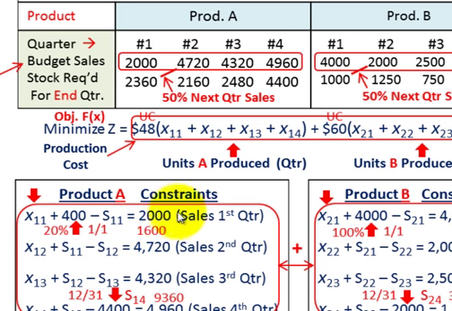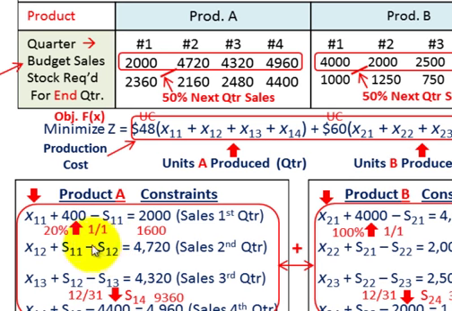Okay, so that's for our constraints here for the sales of the first quarter. And then the next quarter, let's go through that pattern. The units that we have to produce in X12 for the second quarter, plus whatever quantity S11, the stock that we maintained at the end of the first quarter, you add that to it, and then you subtract out whatever stock you're going to have at the end of the second quarter, S12.